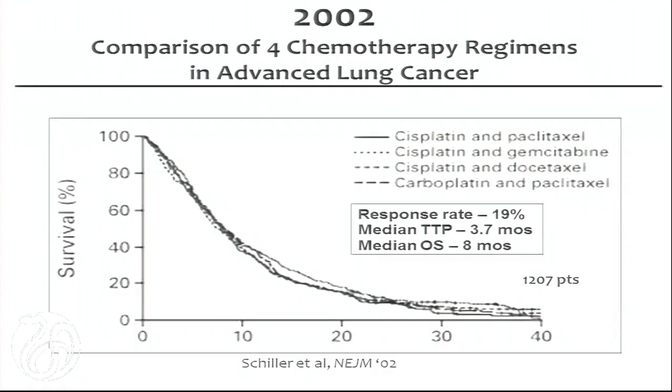This is where we were in 2002. This was one of the seminal papers published on non-small cell lung cancer comparing 4 platinum chemotherapy doublets, where you can see that there was not a difference in the survival curves between any of these 4 treatments, and the median time to progression was only 3.7 months and an overall survival of 8 months. We weren't doing very well back in 2002.